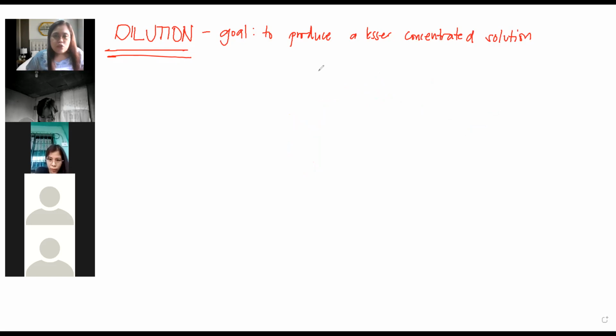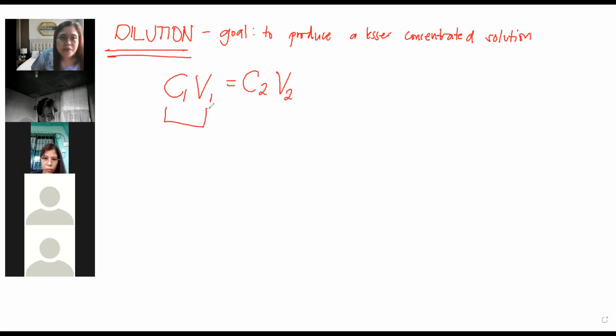Now, for dilution, actually, dili man yun siya kanang lisod nga computation. No? The formula na ginagamit natin for dilution is just C1V1 equals C2V2. Wherein, this part here, the C1V1, this is for the so-called stock solution.